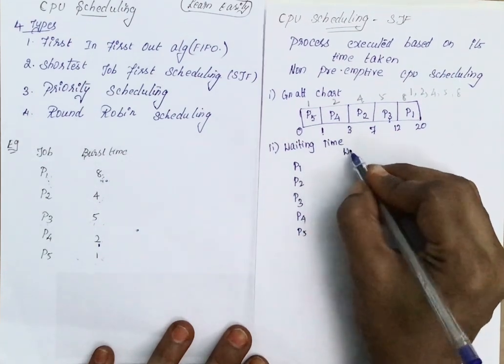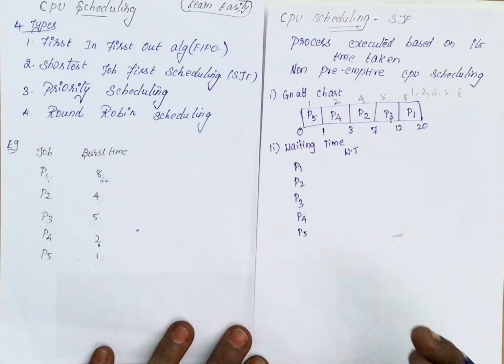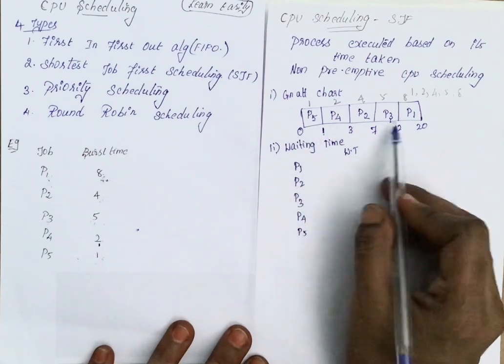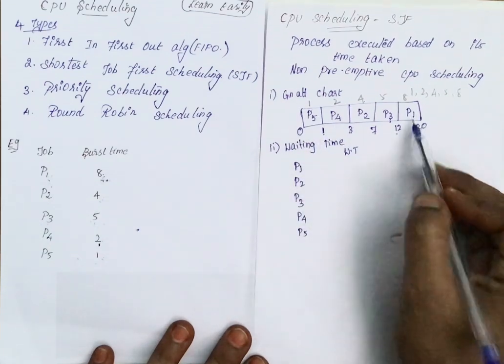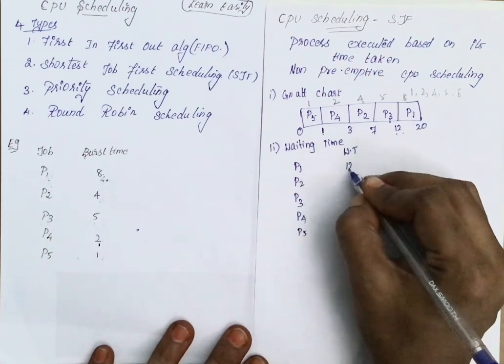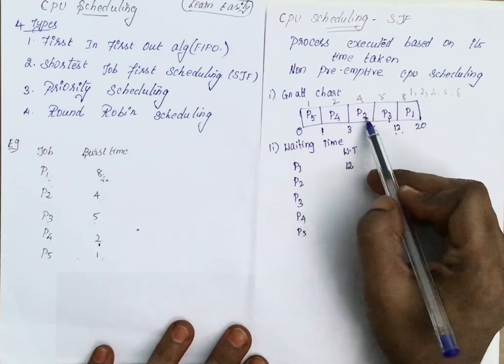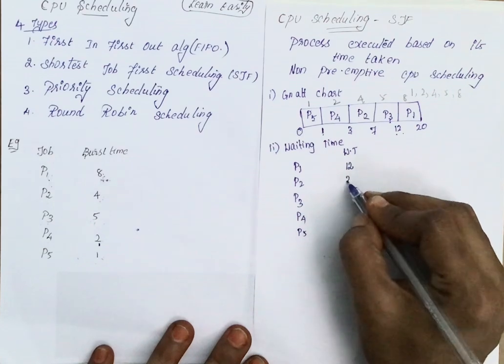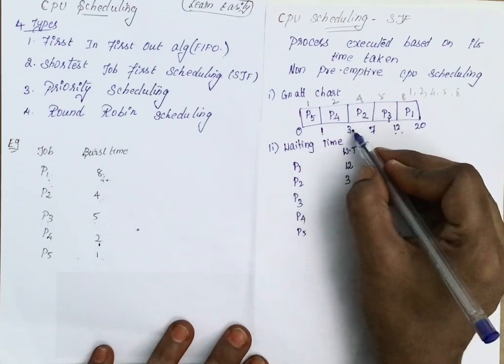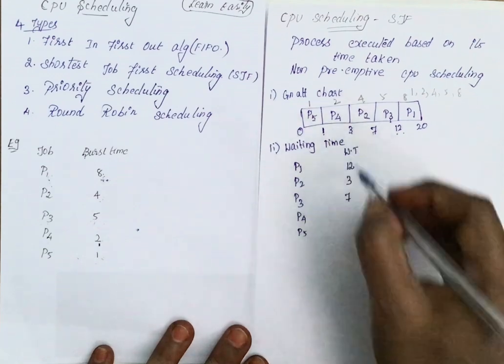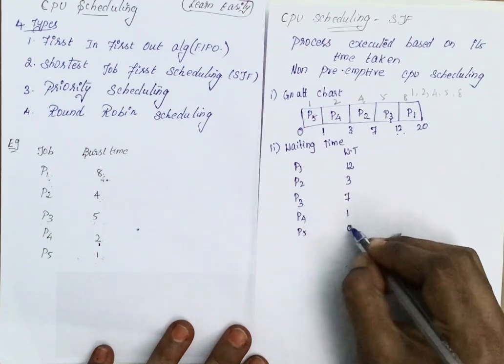So the waiting time of P1 is 12 seconds. Next, P2's waiting time is 3 seconds. P3's waiting time is 7. For P4 it is 1 and P5 is 0.